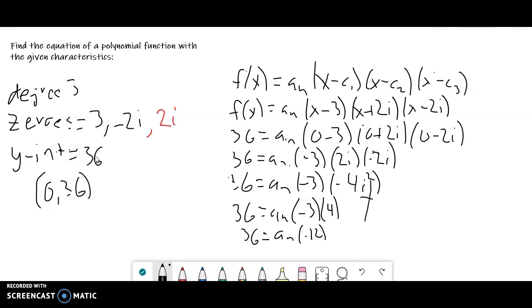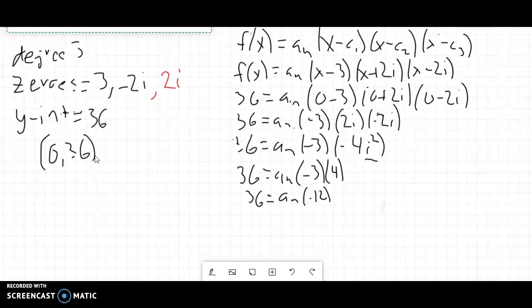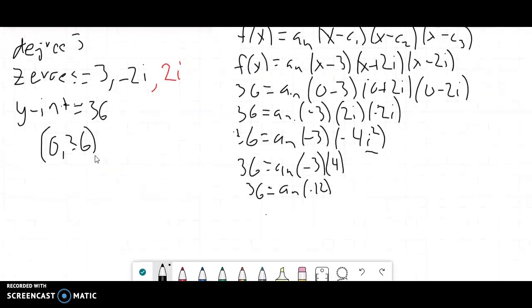And if I drag that down, then our an will just be equal to negative 3 in this case. So now I know that my leading coefficient, the an, is negative 3.